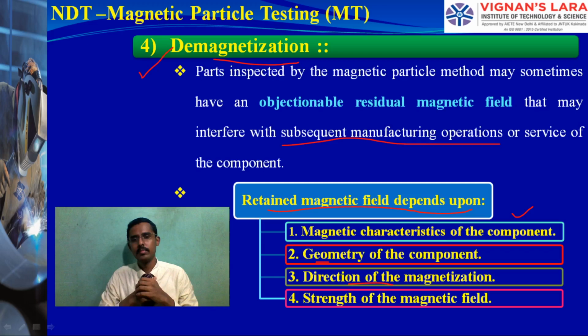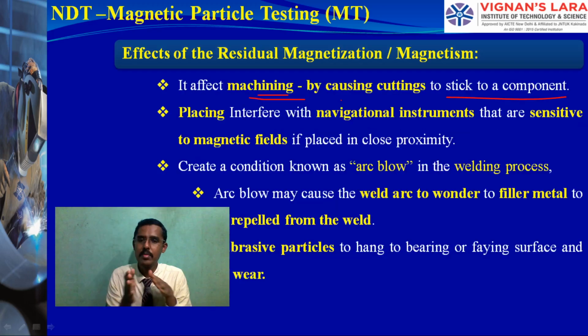I want to do a machining process, it means a subsequent manufacturing process, something like cutting after casting. I'm machining, changing the shape of the product. What happens? This cutting tool, due to its magnetizing ability, will stick there, and the cutting treatment will not take place. That is one of the important bad things.